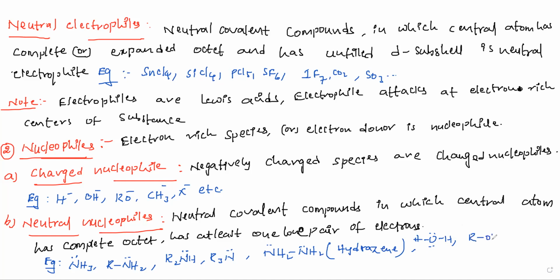Alcohols, ROH, and ethers, ROR, etc. These have a complete octet configuration and at least one lone pair. Such compounds are called neutral nucleophiles. A nucleophile should give electrons.